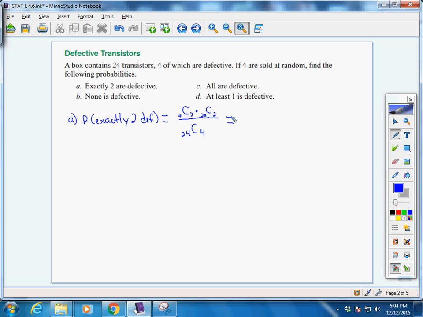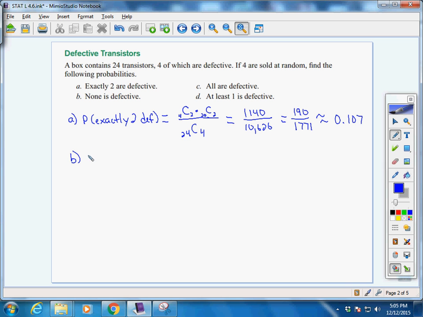Using the formula, that works out to be 1,140 over 10,626, which reduces to 190 over 1,771, which is approximately 0.107. About a 10% chance.